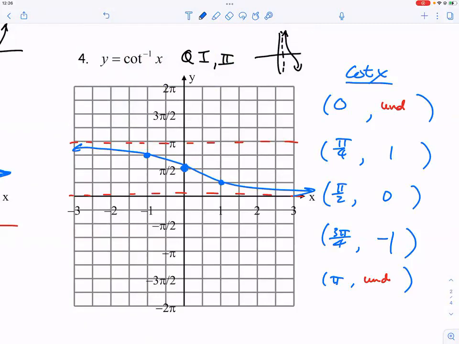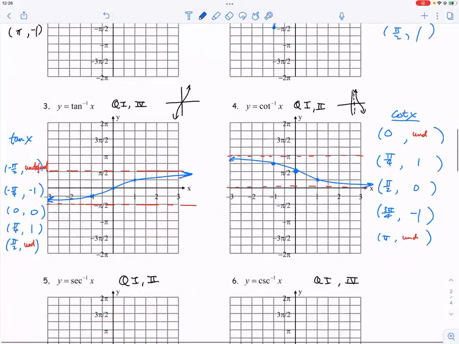Okay, so you have your cotangent values. You can plot the points pretty easily.